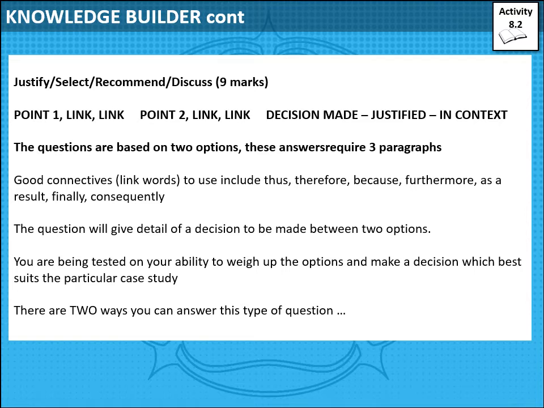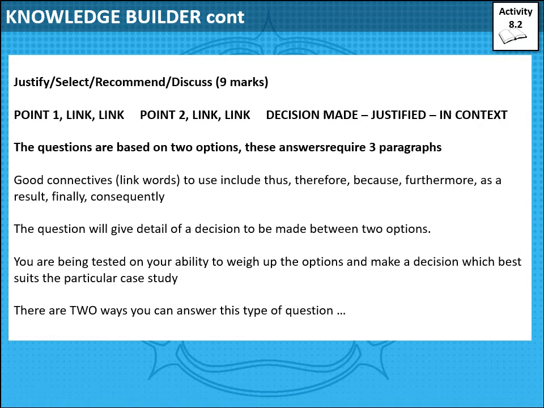On the 9-mark question, you're following a similar process. You're making a point, you link it, and then you're explaining it. Ideally 4 sentences, but you're looking at 3 to 4 sentences. Make another point, and then 3 or 4 sentences, and then you still have your keywords there, such as because, therefore, this could lead to.